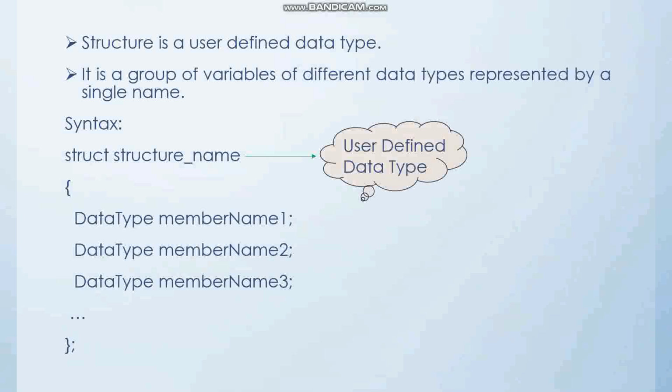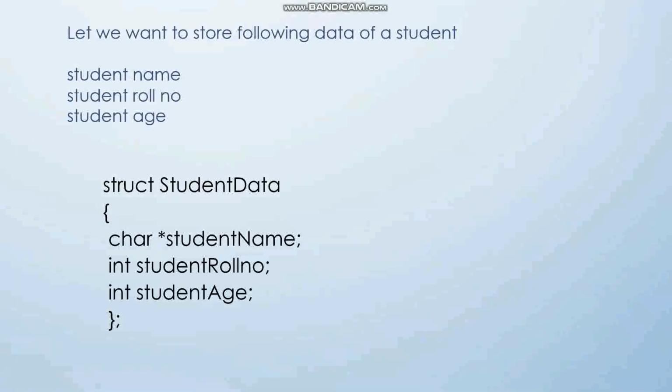Structure is a user defined data type because we can create variables of a structure very similar to how we created a variable student roll number of type integer. In such a way, we can create a variable of type struct student data.